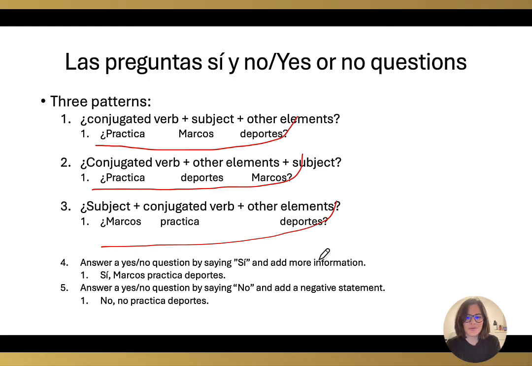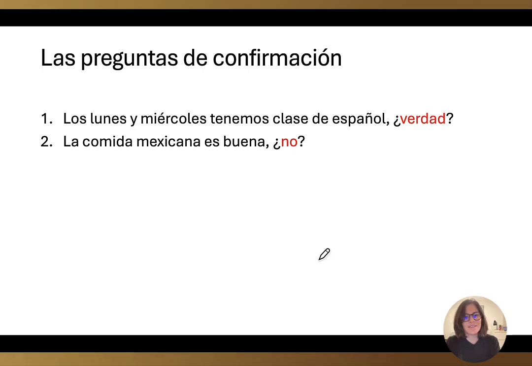Ok, vamos a continuar. Las preguntas de confirmación. So, confirmation questions. When you're asking these, you're asking something you already know, you just want a confirmation. Notice this.